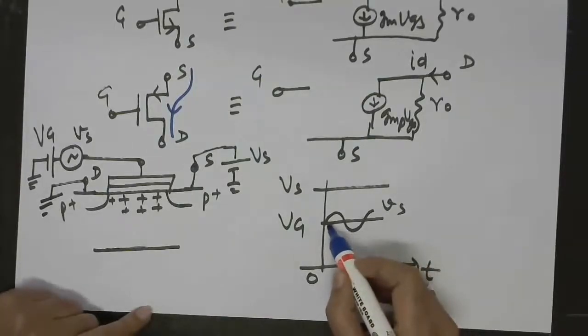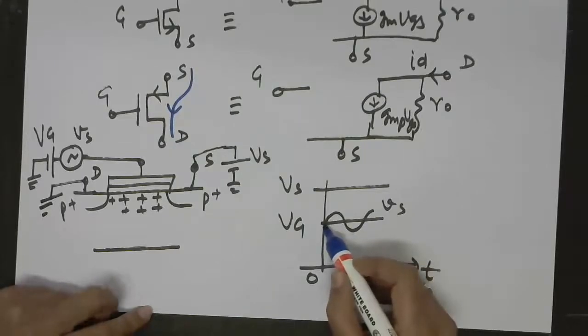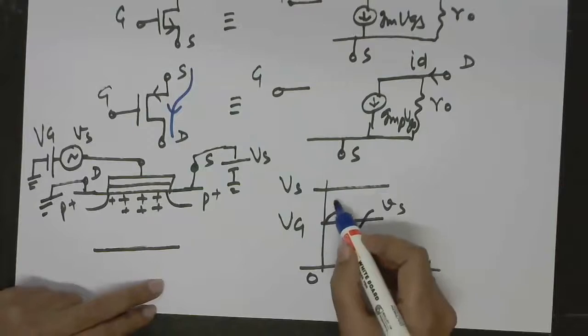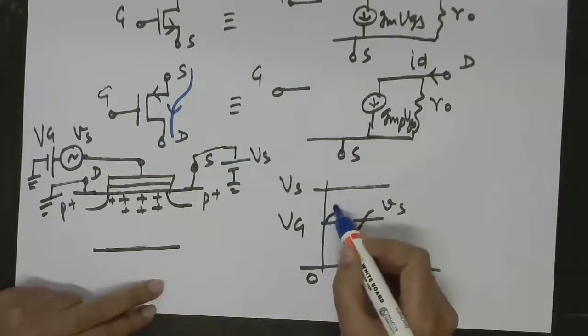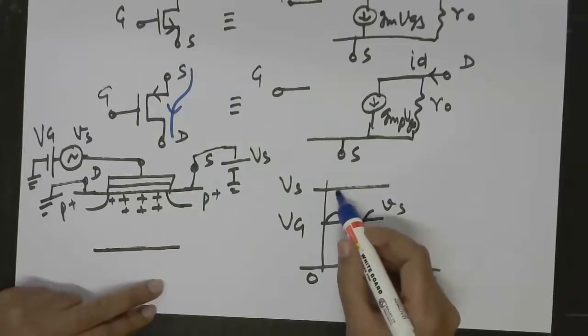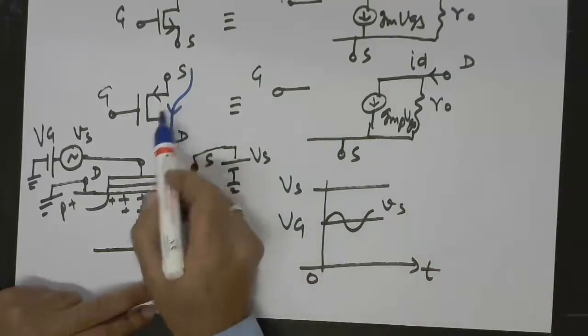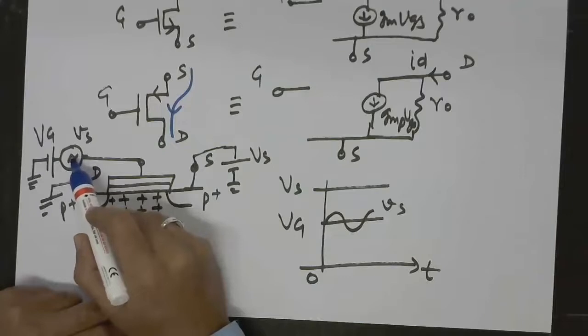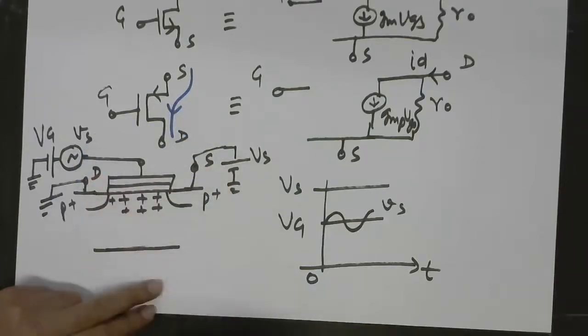So now you see that when we have this time varying Vs also applied to the gate, what happens here is that when the time varying voltage increases, the magnitude of the gap between gate and source will decrease. Of course, it will remain negative all the time. But since the magnitude decreases, that means this net current, which is now flowing in presence of time varying voltage also, should decrease as the time varying voltage increases.